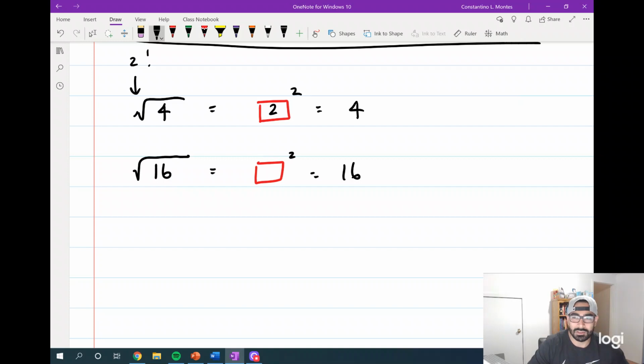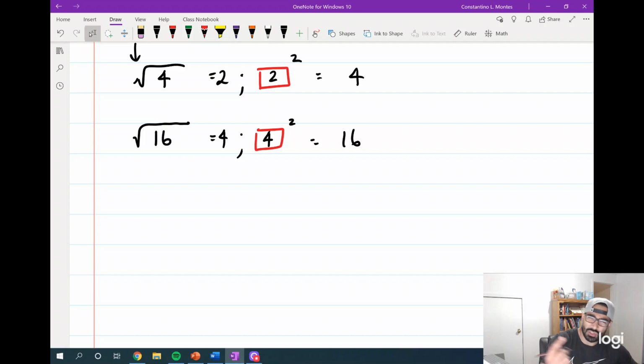What is that number? Well, if you do a little bit of work, it's not 2 times 2, it's not 3 times 3, but 4 times 4 works. So 4 squared is equal to 16. So this is equal to 2 over here, and this was equal to 4. Let's put a little semicolon there. Okay, let's just do one more.